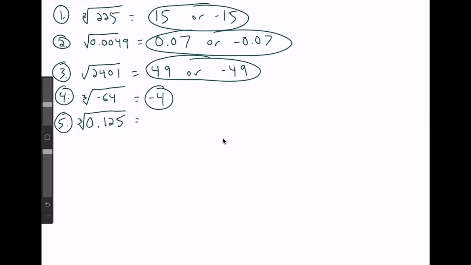Get in the habit of doing it on your own as well, so that you know where to go and don't forget where to go. Come test day, you say, I don't know where to go on my graphing calculator, and you spend a lot of time going through it. Cube root of 0.125 equals 0.5.